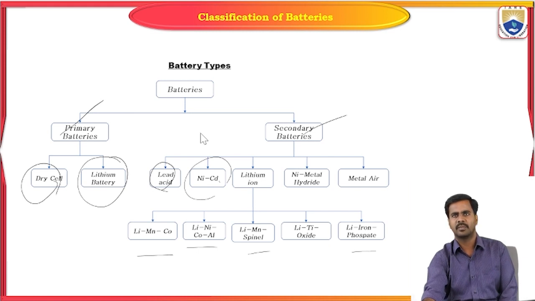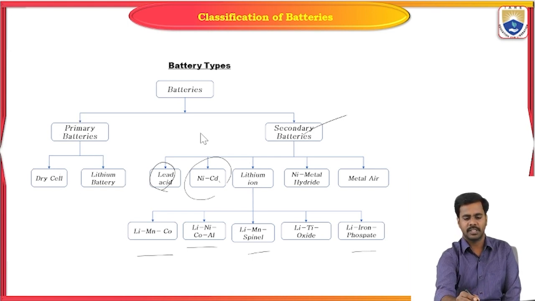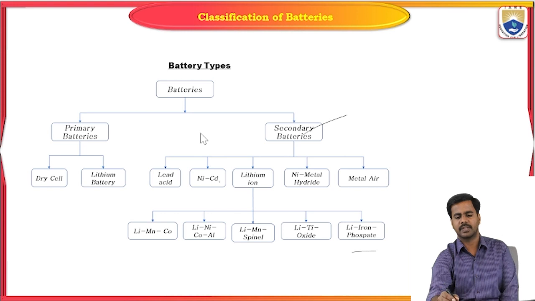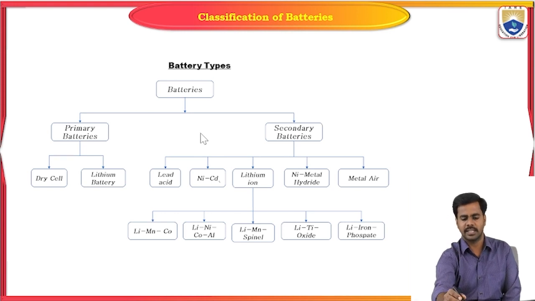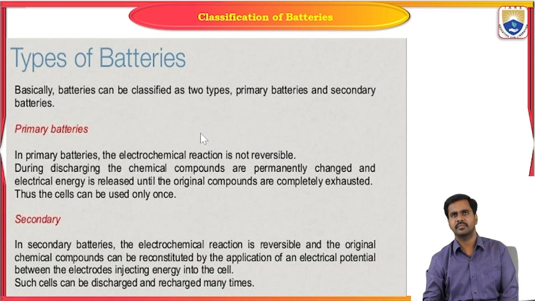So these are the different types of batteries which are used to convert chemical energy into electrical energy as well as electrical energy into chemical energy. Let us see what a primary battery is and what a secondary battery is.